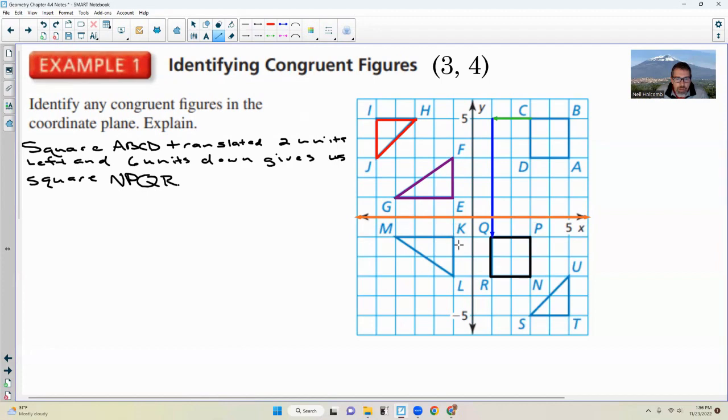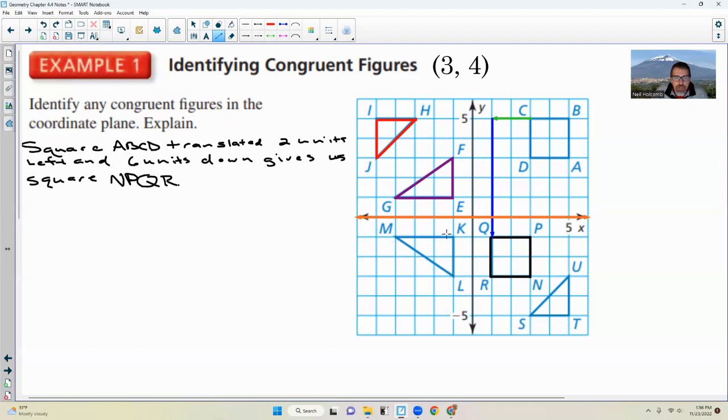And then if I count 1, 2, 3, that ends up being L. So triangle EFG is a reflection over the x-axis, and it yields triangle KLM.